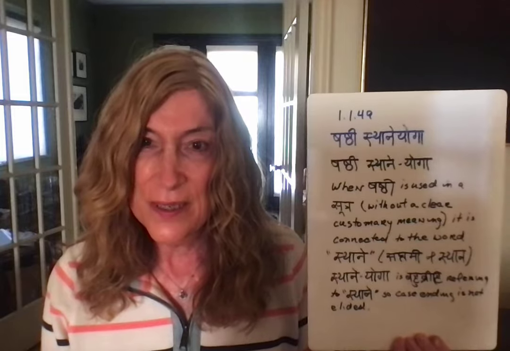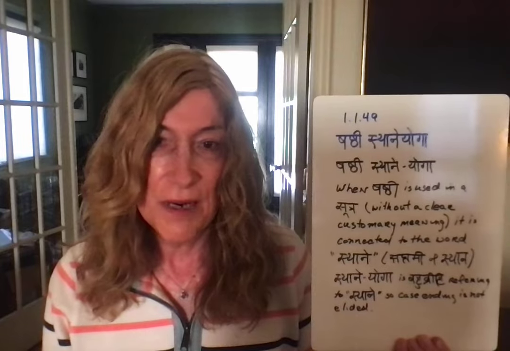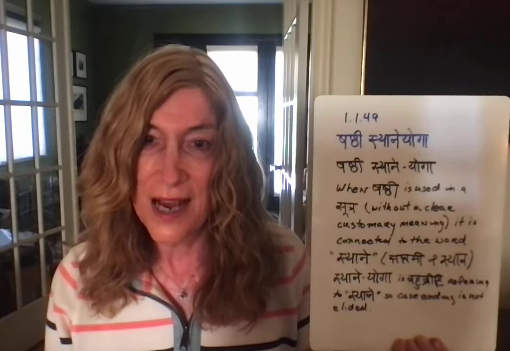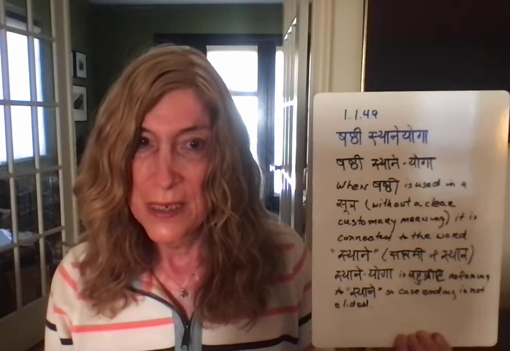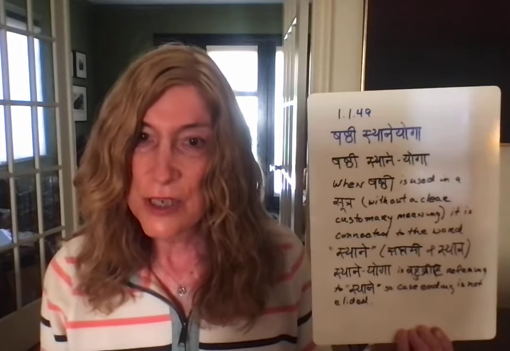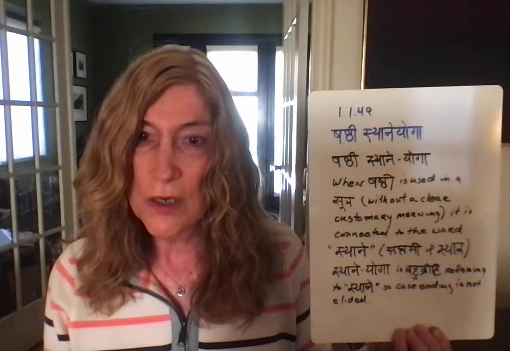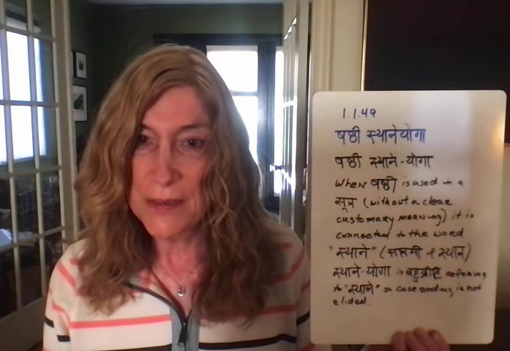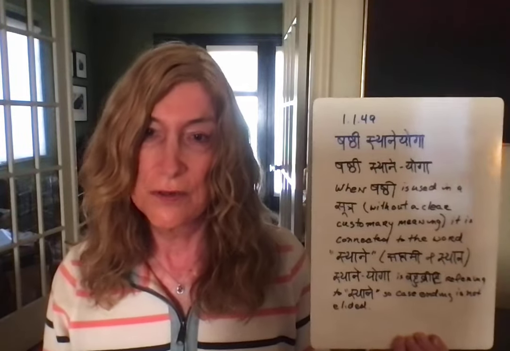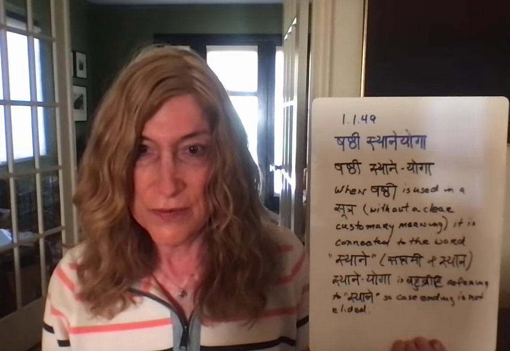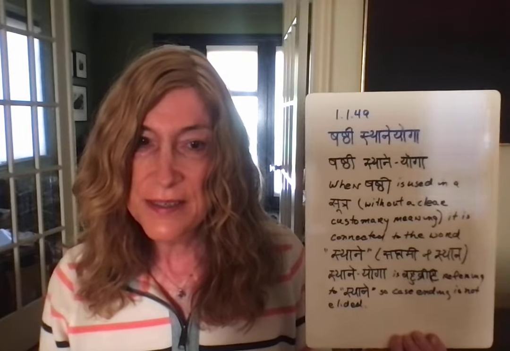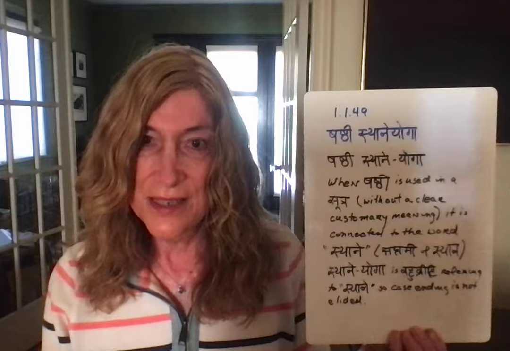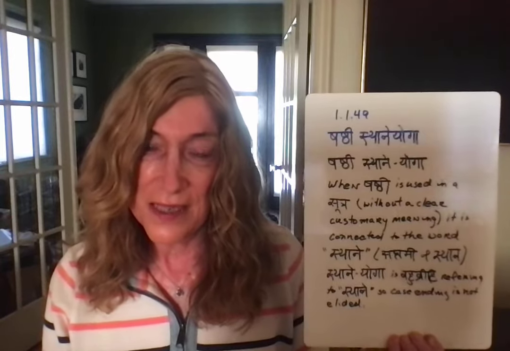One little aside about the compound, the Bahuvrihi Sthane Yoga, is that, as you may have noticed, in general, in fact almost always, in compound formation the sup endings are dropped from nouns. In this case, it's not dropped. Sthane remains sthane.